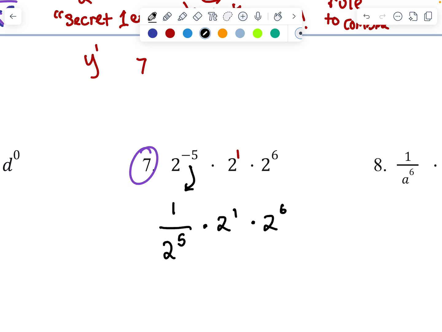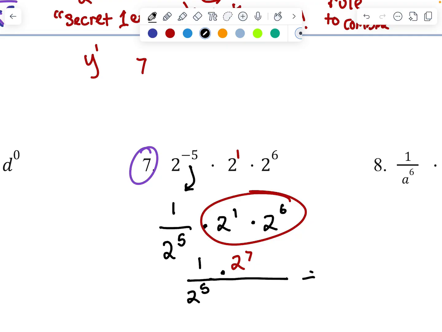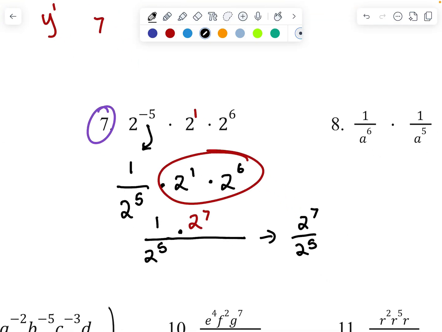Now, these are being multiplied here, so we can add them. So this is 2 to the power of 7, and this is still times 1 over 2 to the power of 5. Now, this is like a division problem, right? So this is really 2 to the power of 7 over 2 to the power of 5. Same base, they're divided, which means we could subtract them. So this is 2 to the power of 2, which is 4.